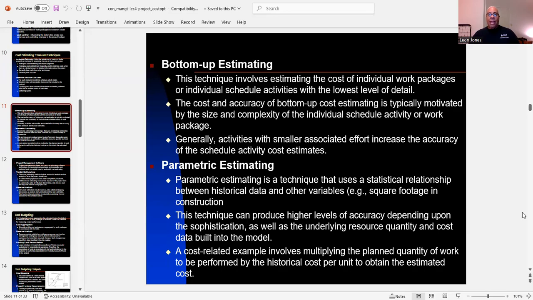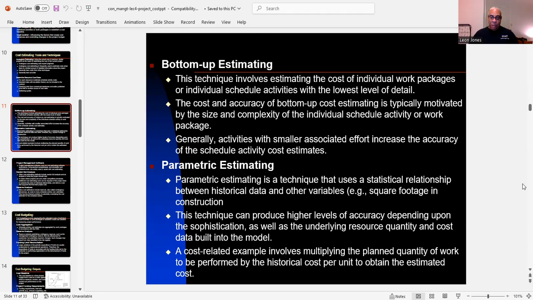Now, the cost and accuracy of bottom-up cost estimating is typically motivated by the size and complexity of the individual schedule activity or work package. Generally, activities with smaller associated effort increase the accuracy of the schedule activity cost estimates.